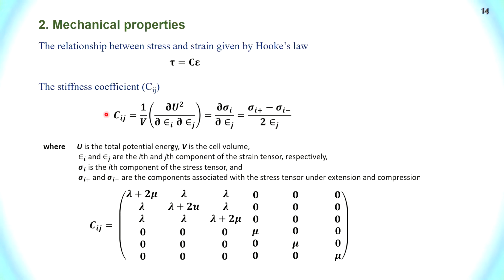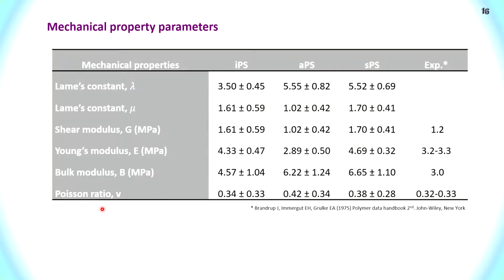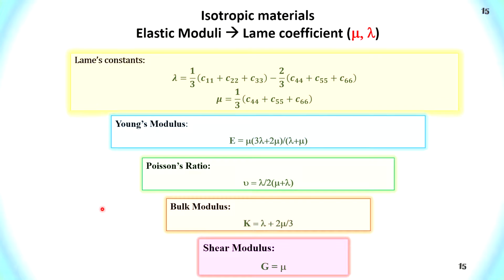For isotropic material, only two independent coefficients, the Lamé constants, can fully describe the stress-strain behavior. The Lamé constants can be used to determine Young's modulus, bulk modulus, shear modulus, and Poisson's ratio following this relationship.